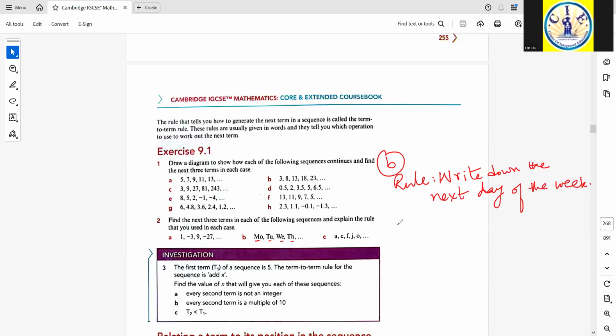Okay, and the next three terms, obviously, after Thursday, it is Friday, since this sequence is using only the first two letters of that day. So for Friday, I should write FR. After Friday, this is Saturday, so I should write S and A only. And for Sunday, I should write S and U only. So these are the next three terms of this sequence.